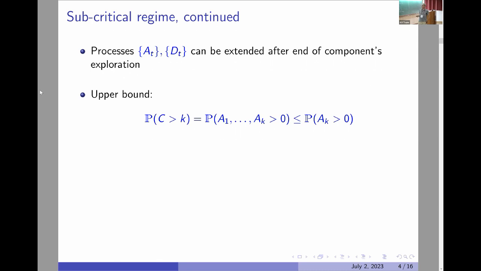So this is what I'm considering: my process continued indefinitely in time. And now I'm going to say, okay, the probability that the size of a connected component is larger than K is the probability that I have not hit 0 by time K. I'm still above 0. Well, I'm going to upper bound this by the probability that I'm above 0 at time K.